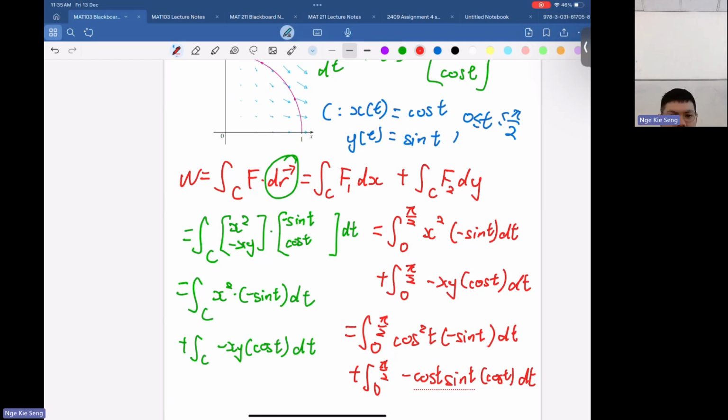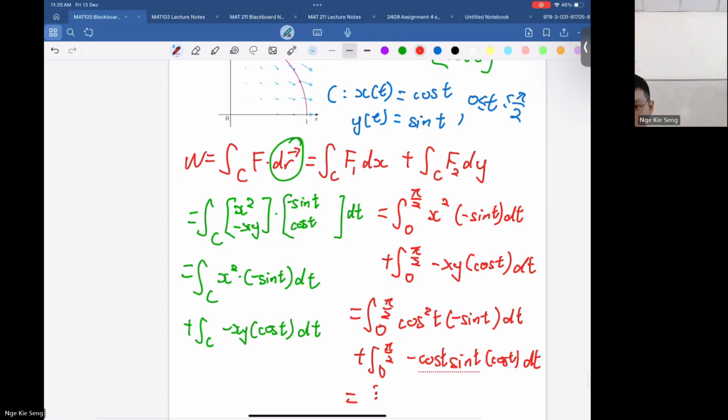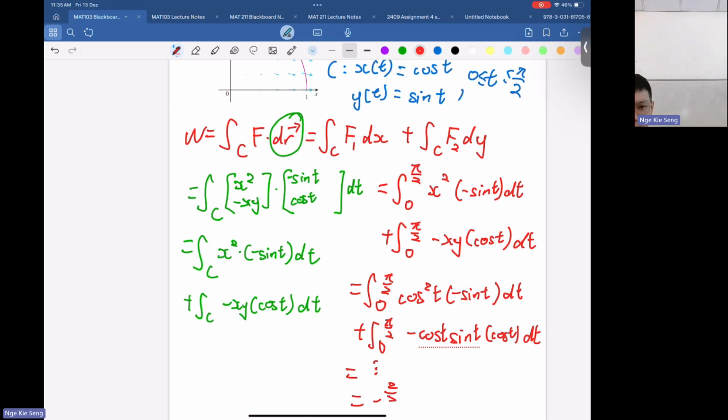I think we won't do this integral, so you can try and finish it. I think you will get minus 203. Any questions?